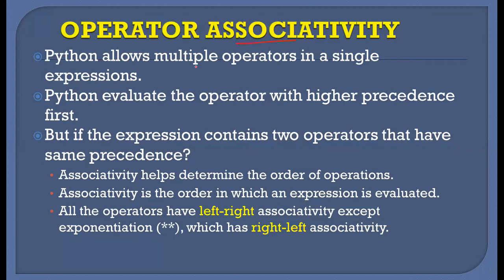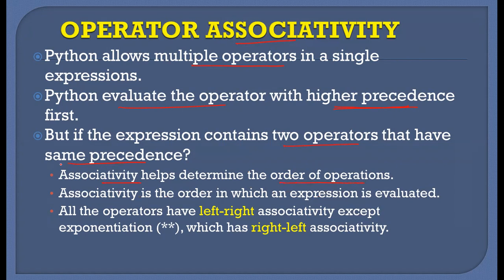So Python allows multiple operators in a single expression. To evaluate, the operator with higher precedence is evaluated first. So in a given expression, whichever operator has the highest precedence, that operator should be evaluated first. If the expression contains two operators with the same precedence, then associativity helps in the order of operation.